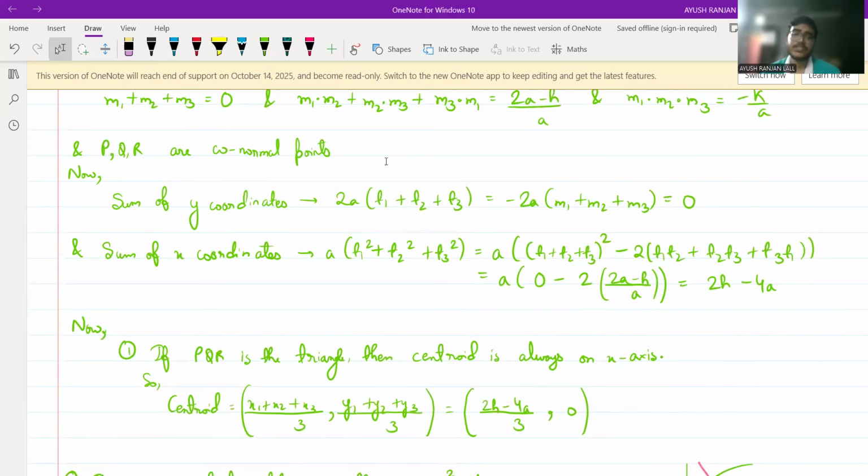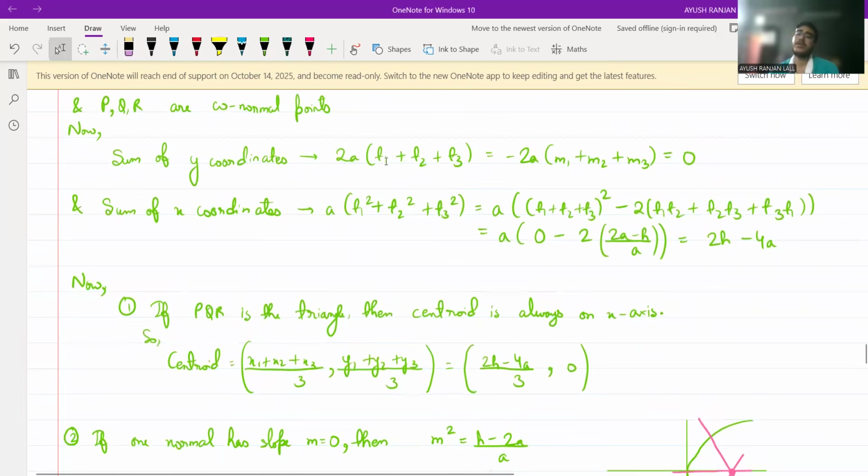Next, if we talk about the centroid, it is the sum of x coordinates by 3, comma, the sum of y coordinates by 3. We know the sum of x coordinates is 2h minus 4a, but what do we know about the sum of y coordinates?